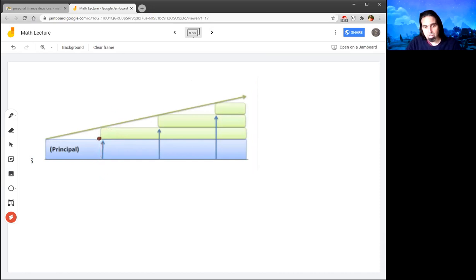And at the end of 1 year, you pay us that much. At the end of a second year, you pay us that much again. At the end of a third year, you pay us that much again. So how much money you owe us goes up in a straight line. If I could actually draw a straight line. Because every year you just have that same payment. And at that point, we're kind of done with simple interest.